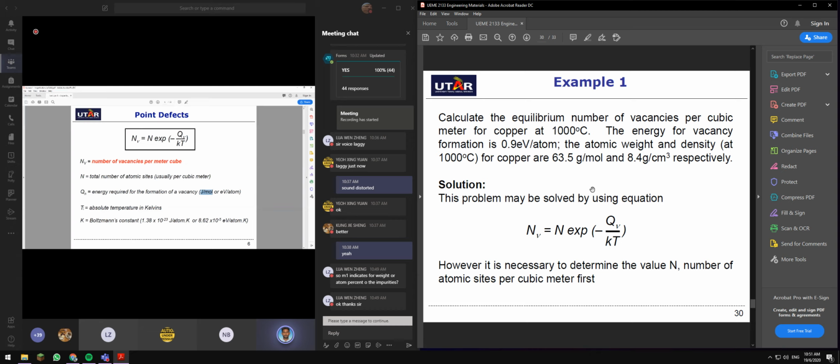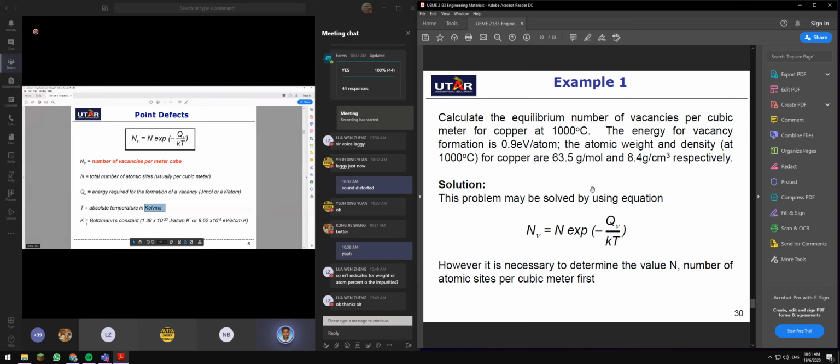And T is the absolute temperature in kelvins. Students, please take note of these units as well. The unit must be in kelvins and not degrees Celsius. Highlight these if possible.